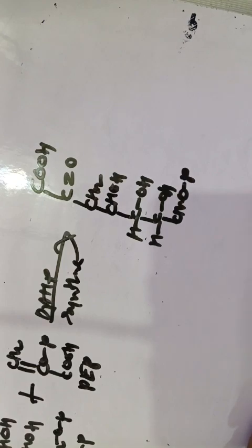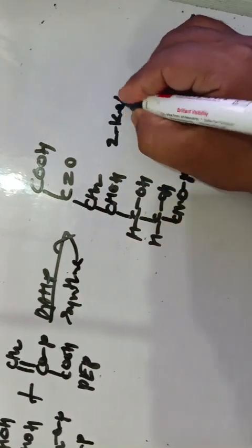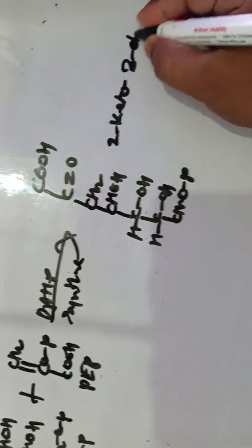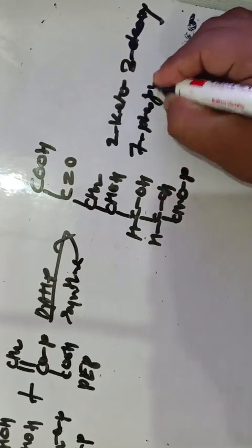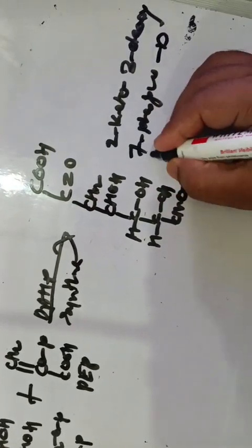This is 2-keto-3-deoxy-7-phospho-D-glucoheptonic acid, which is formed by the condensation of erythrose 4-phosphate and phosphoenol pyruvate in the presence of DAHP synthase enzyme.